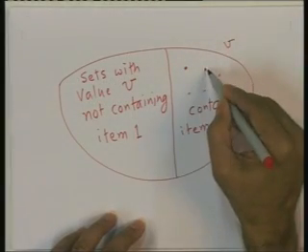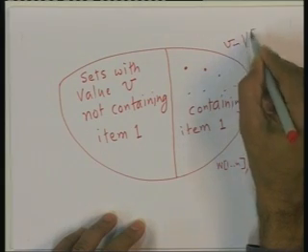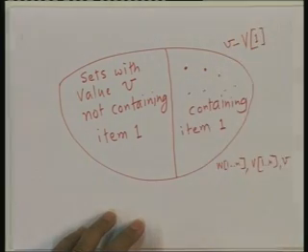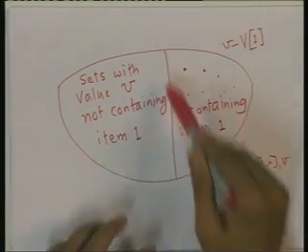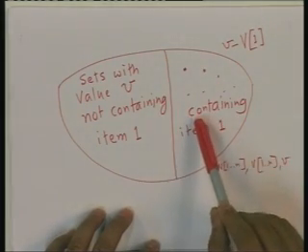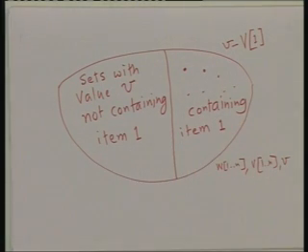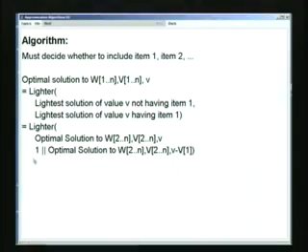If they contain an item 1 and if we remove that item 1, their new value must be exactly v minus v1. So, what remains in this part of the search space are sets which do not contain 1, but whose value is v minus v1. Okay. So, we take the best amongst those and add to that the item 1.